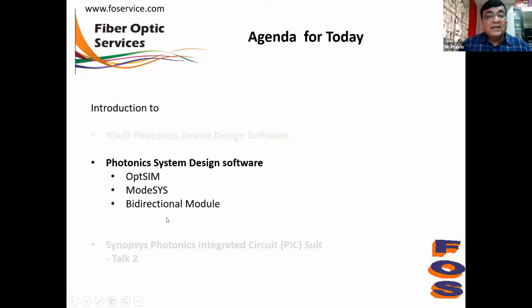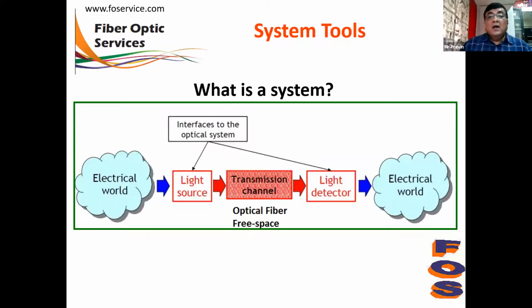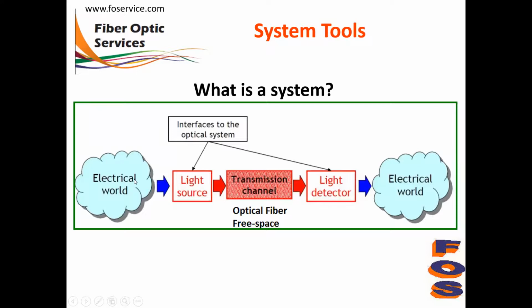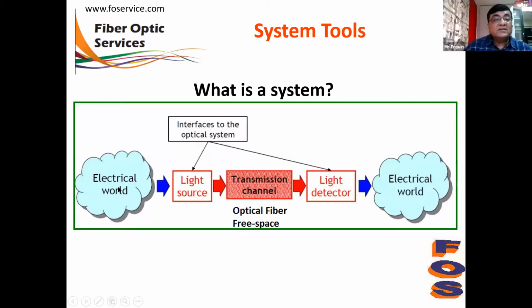Now, very quickly, I'll run through the photonics system design tools. These are the OptSim, ModeSys, and bidirectional modules. What is OptSim? What is the system? Now, system in a communication system, meaning the optical communication system, means conveying the data from one electrical world to another electrical world using the medium of light.